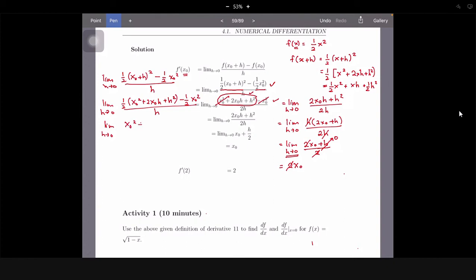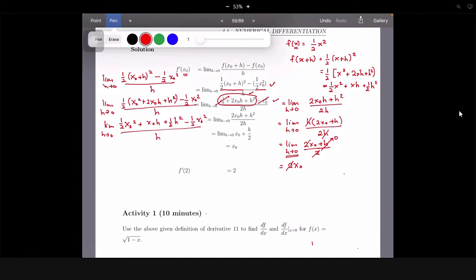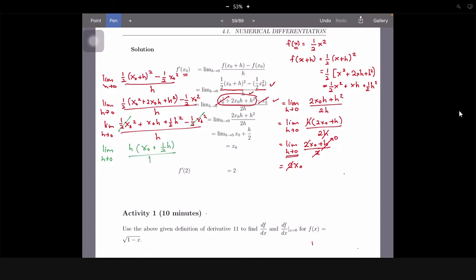Half x0 square plus x0 h plus half h square minus half x0 square, okay, cancel out this. Limit h approach to 0, dia keluarkan h, x0 plus half h over h.